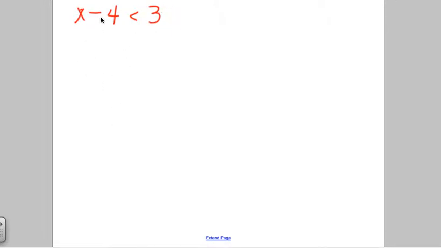I'm just going to solve this inequality just like I would an equation. So this is going to be adding 4, so x is less than 7. You need to know how to plot those on the number line. X less than 7 means I have an open circle at 7 and I shade to the left.